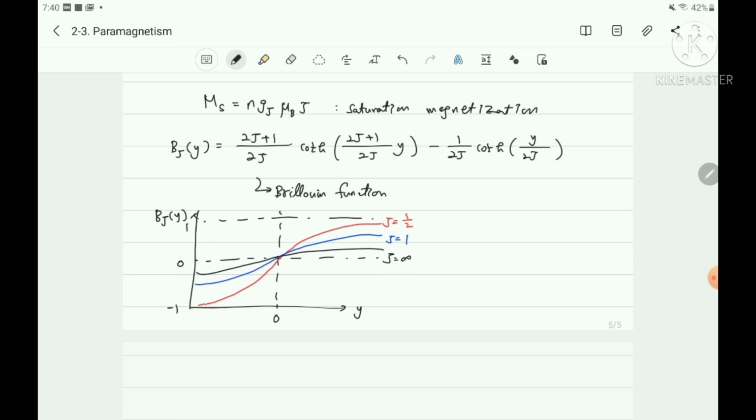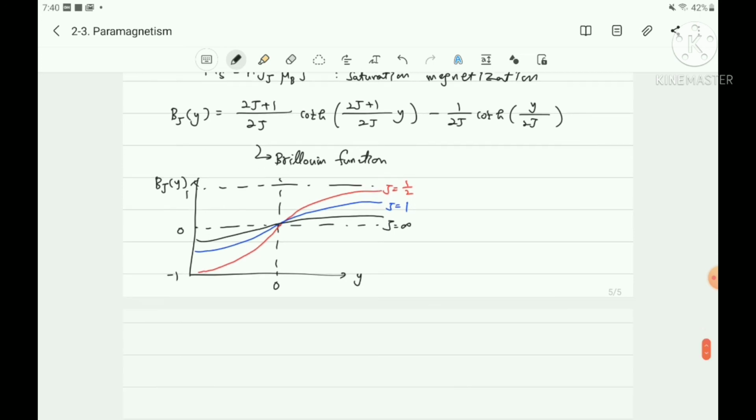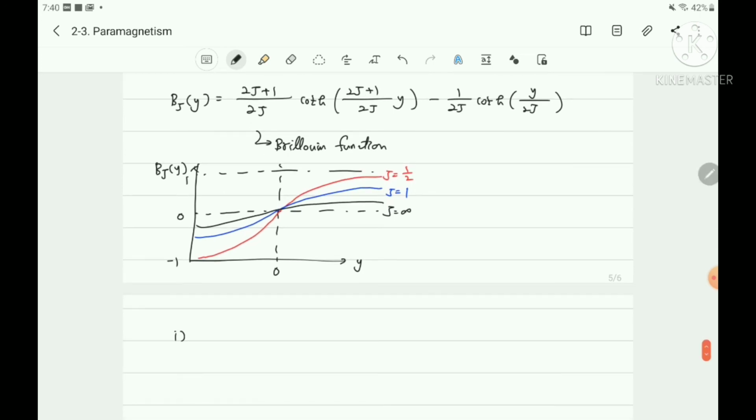Therefore, when we measure the magnetization in paramagnetic materials, the magnetic field dependence of magnetization shows the Brillouin function.